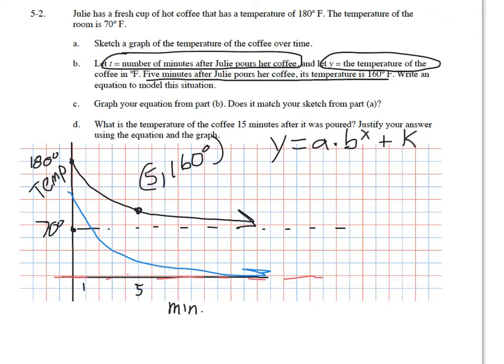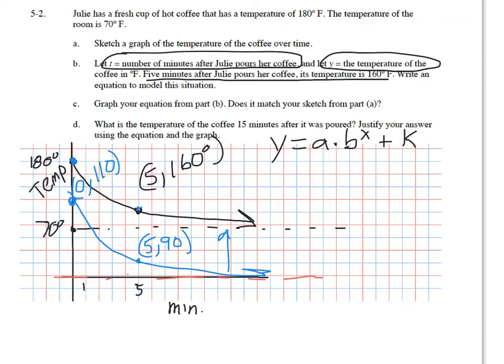This equation doesn't. This equation has a horizontal asymptote 70 units above. So if I was to take every one of these points and shift them down 70, this point would become 5 comma 90. This point shifted down 70 would be 0 comma 110.